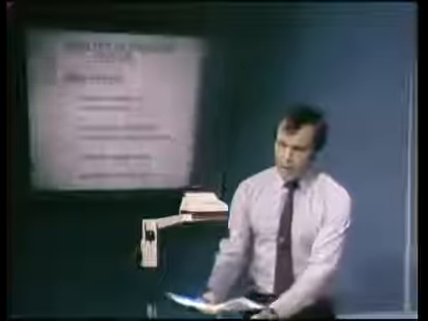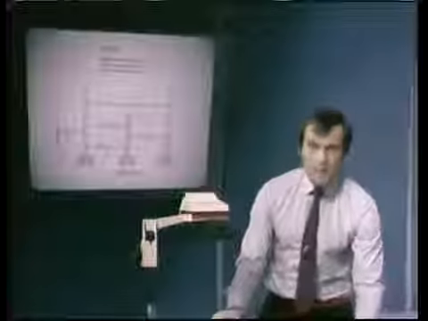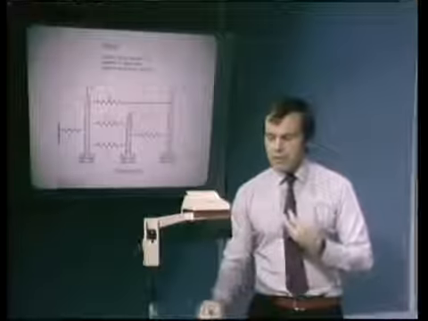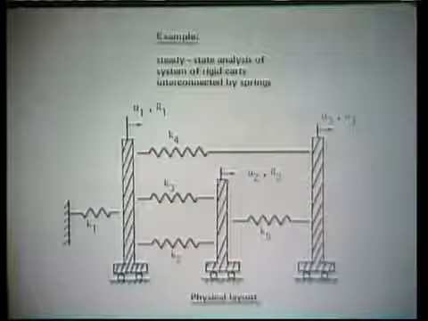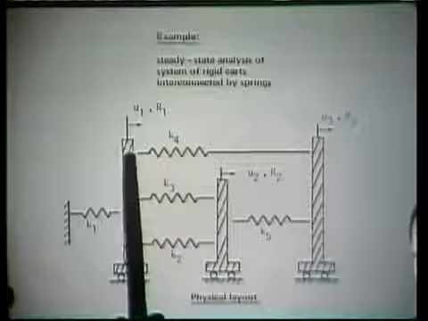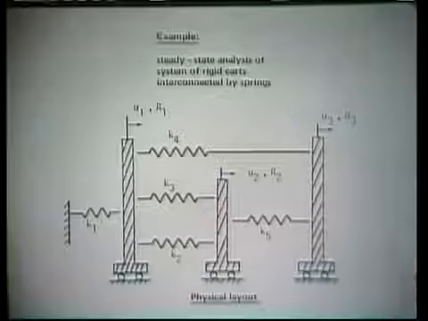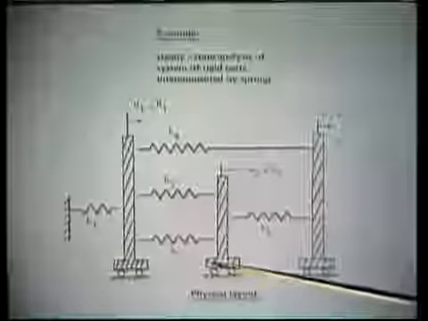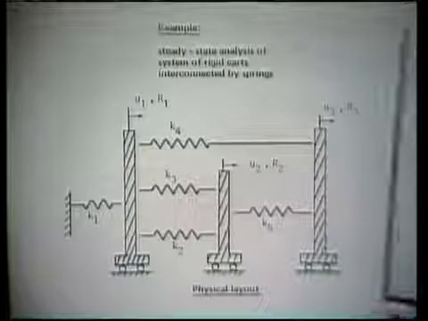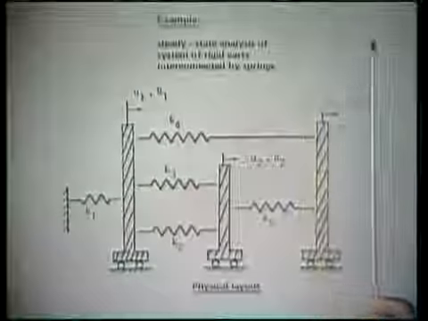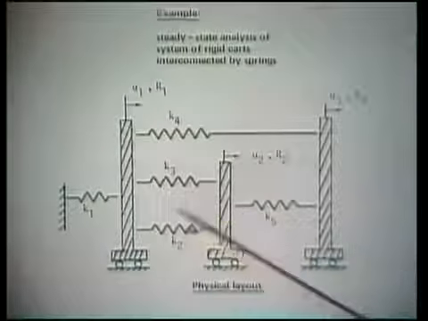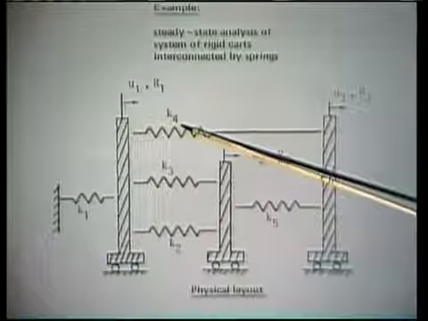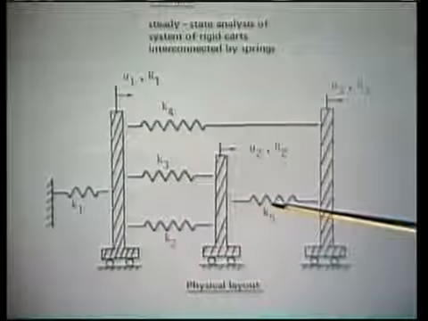Let us look at this discrete system here as an example, and let us display the basic ideas in the analysis of this discrete system. Here we have a set of rigid cards, 3 rigid cards, vertical cards, that are supported on rollers down here. This means that each of these cards can just roll horizontally. The cards are connected via springs, K2, K3, K4, K5.